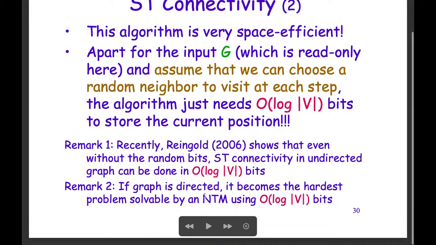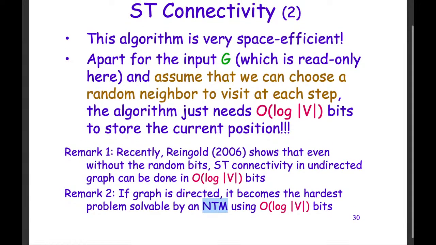And it is the hardest in the case that we assume we are working with a non-deterministic Turing machine. So if you are interested in this one, search for directed ST connectivity, which is one of the so-called hardest problems. Like we have clique or vertex cover, they are the hardest problems that we can solve using a non-deterministic Turing machine in polynomial time.